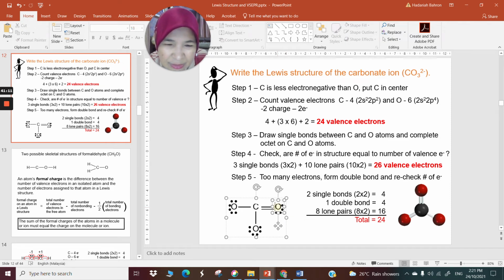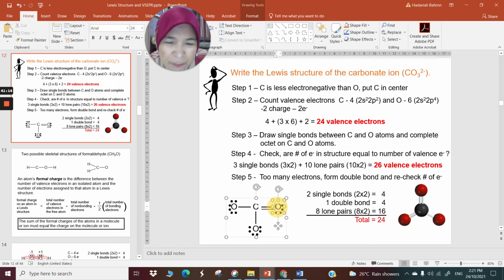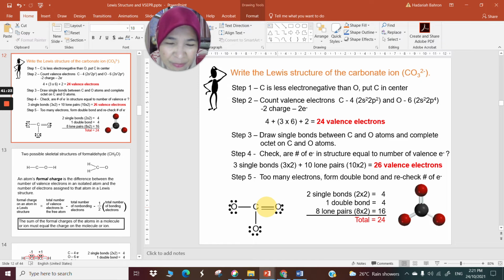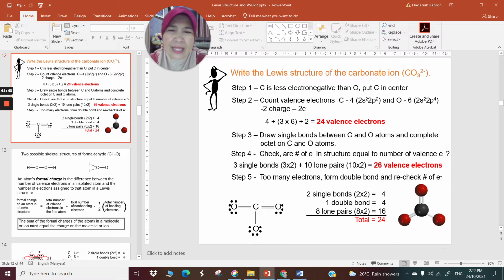So this oxygen on the right here has 2 lone pairs of electrons, make 4 electrons, and 2 pairs of electrons in the covalent bond, another 4. So you have 4 plus 4 to be 8. So even after collapsing those lone pairs of electrons and adding another bond between C and O, you still have a complete octet.